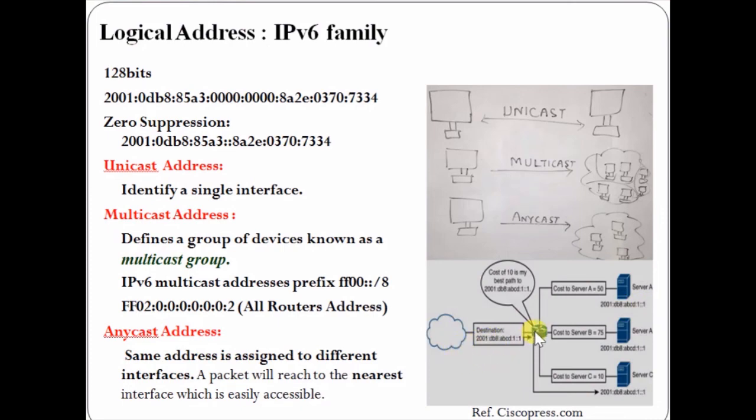When the data packet comes, the cost to reach these servers is 50, 75 and 10. So the data packet will reach the one with cost 10. So an anycast address identifies a group of computers, but the data packet will reach a single computer that is easily accessible.